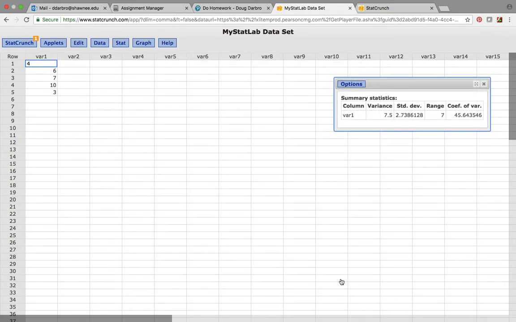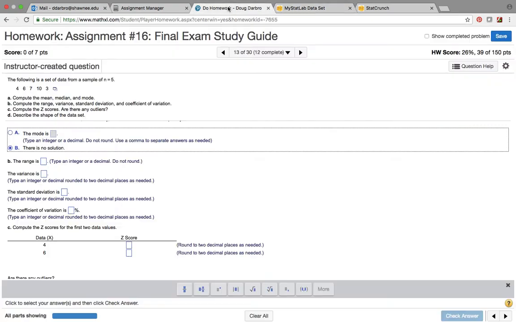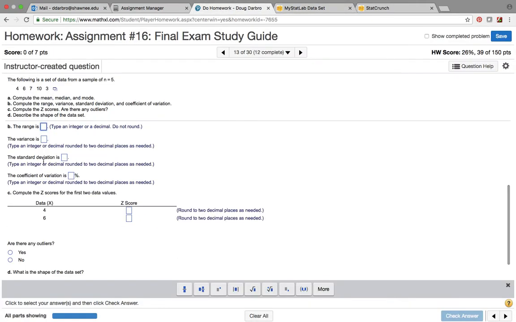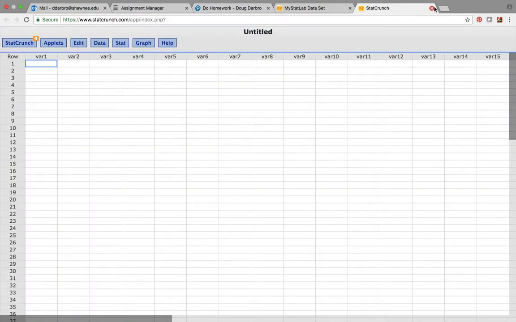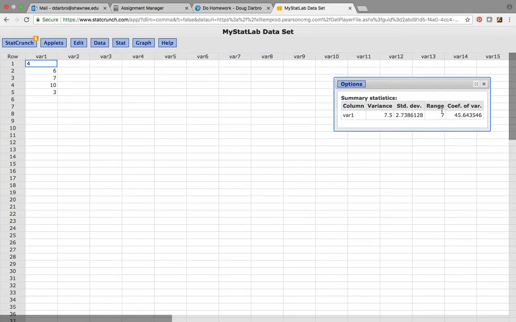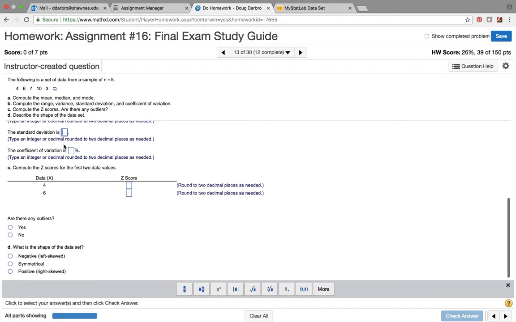So the range was 7. The variance is 7.5. It says to go to 2 places, so I'm just going to go 7.50.